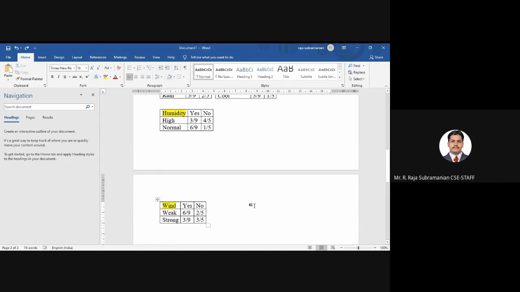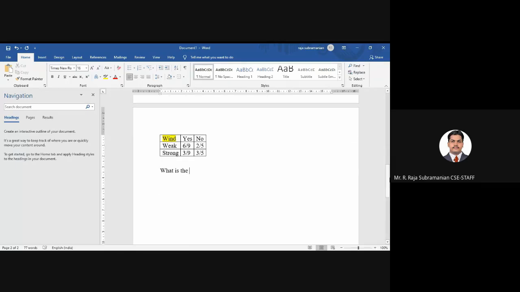Now going into the actual question: what is the probability to play tennis if my outlook is going to be sunny? We have the individual probability for sunny, humidity, wind, and temperature, everything. So what is the probability to play tennis with the following conditions?